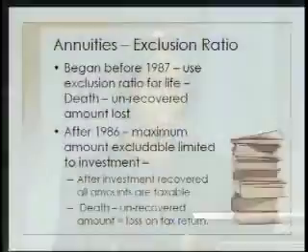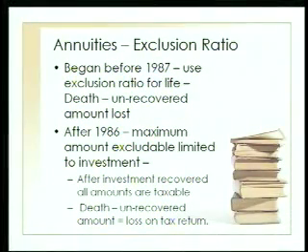If the annuity starts after 1986, then the maximum amount that's going to be excluded is limited to their investment. So once this individual has excluded $42,500, which is his investment, then any other payments that he receives after that are all going to be taxable.